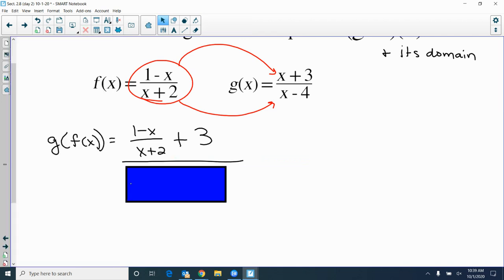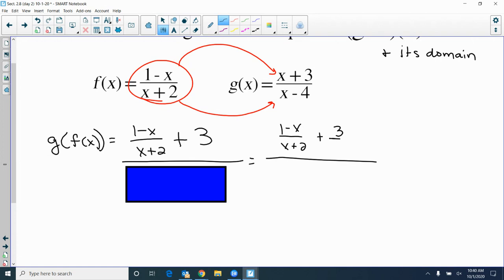So you're almost ignoring the denominator. Take this, get a common denominator, which is going to be what for that one? It's going to be x plus 2. So it's going to be 1 minus x over x plus 2. And when you do this, 3 goes in the numerator, and you have to multiply it by x plus 2 over x plus 2 so we get a common denominator. Does that make sense?